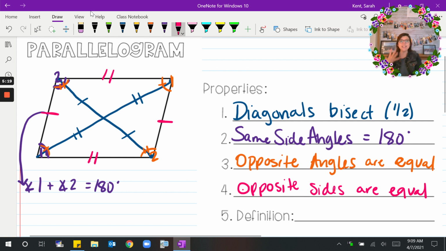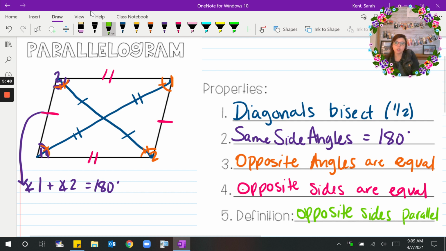So then what makes a parallelogram, our definition, is that our opposite sides are parallel. That means those opposite sides will never touch.